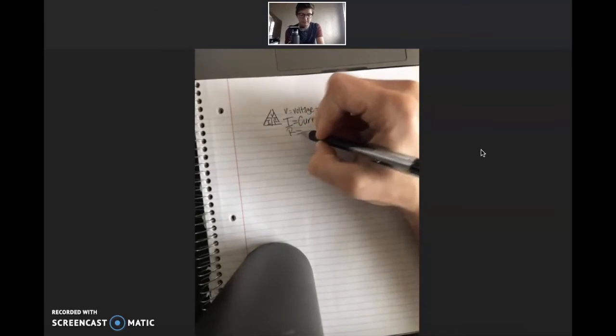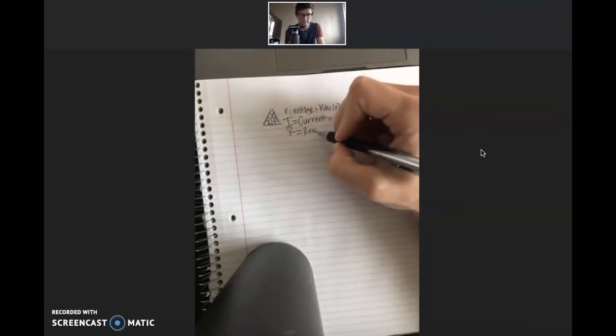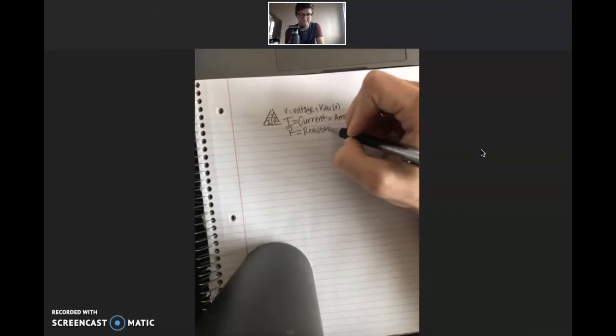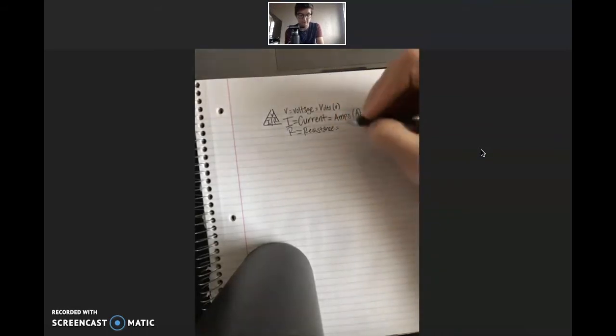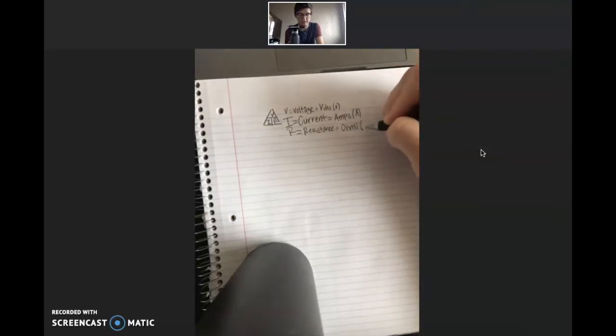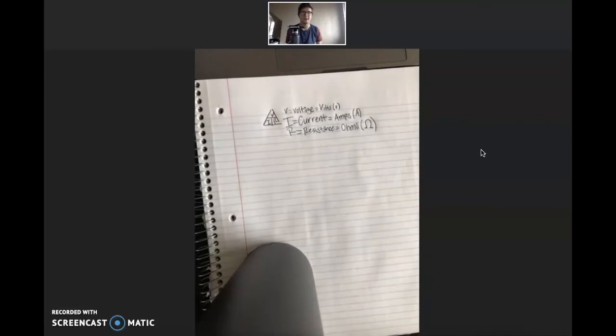Pretty easy. Resistance equals R. It's measured in ohms, hence Ohm's law, which is represented by the Greek symbol omega, the horseshoe shape. If that's not a perfect horseshoe, I'm not going to be mad. You do your best.